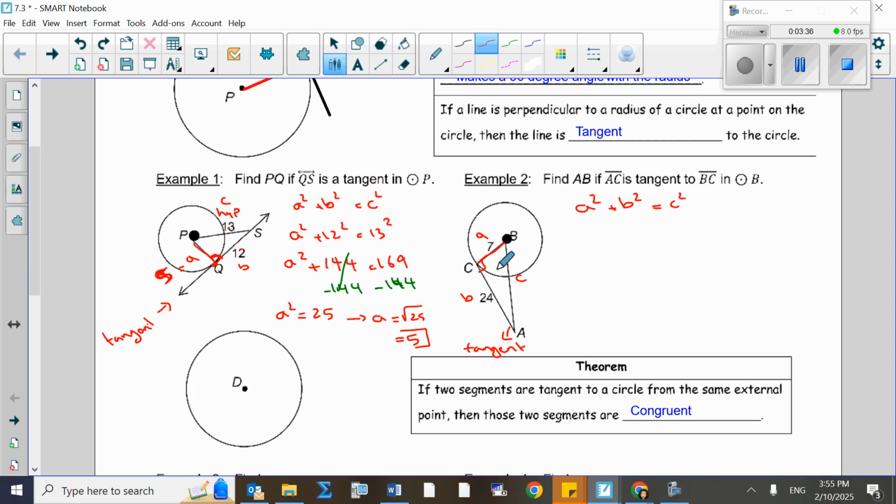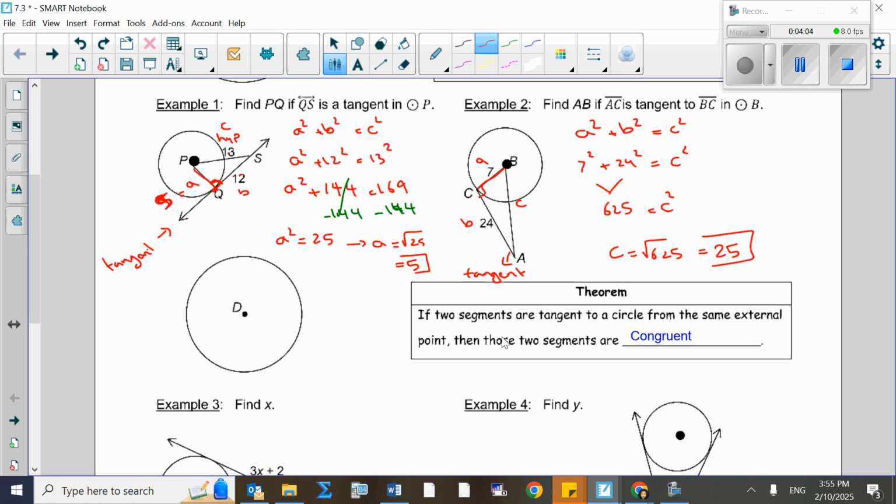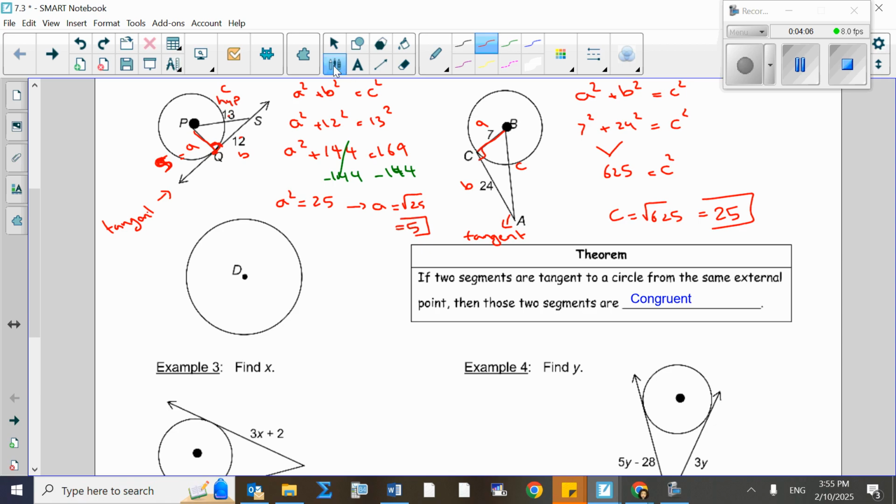The hypotenuse is always the side which is opposite 90, and that's going to be on the right side of the equation. So I'm going to write 7 squared plus 24 squared equal to c squared. If you add these two, that's going to be 625 equal to c squared, and c will be the square root of 625, which is 25. So that's the answer.